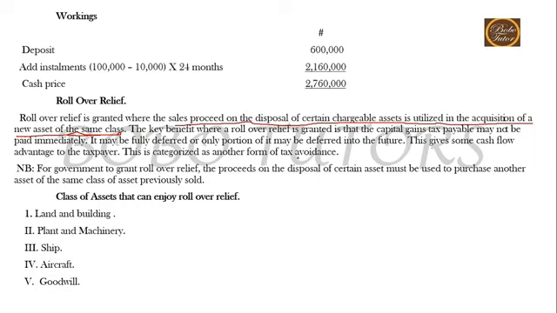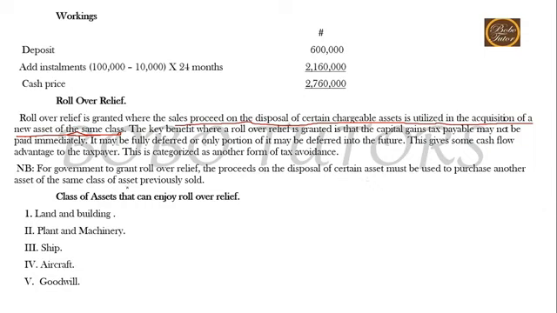So in the subsequent year when you dispose of the asset, you will have sufficient funds to pay the government. Do you understand now? So note that for government to grant rollover relief, the proceeds on the disposal of certain assets must be used to purchase another asset of the same class previously sold.